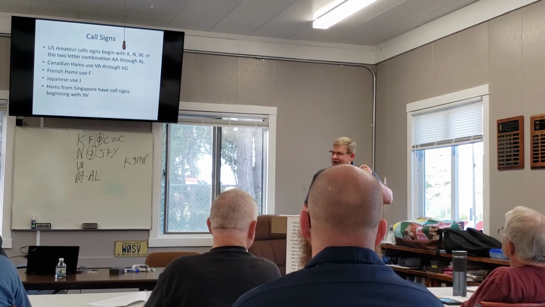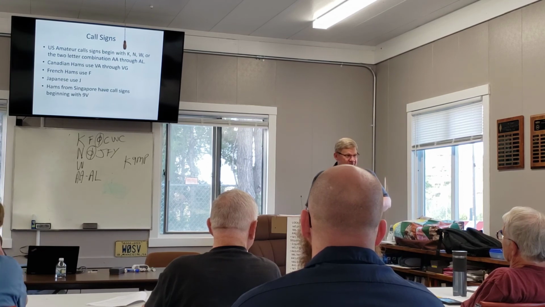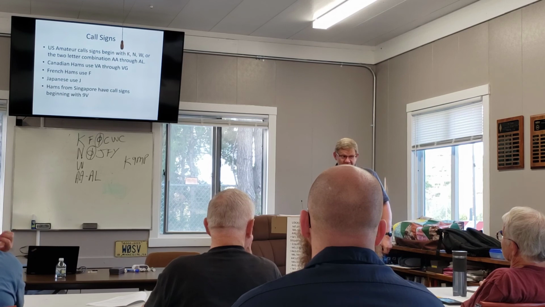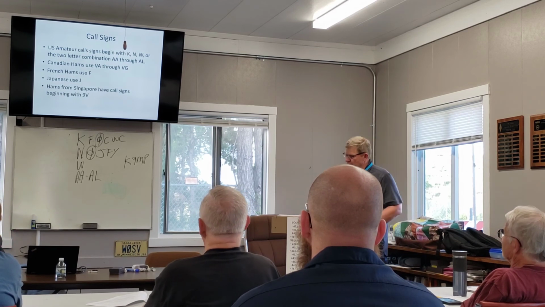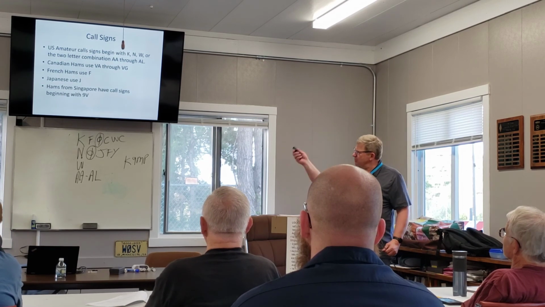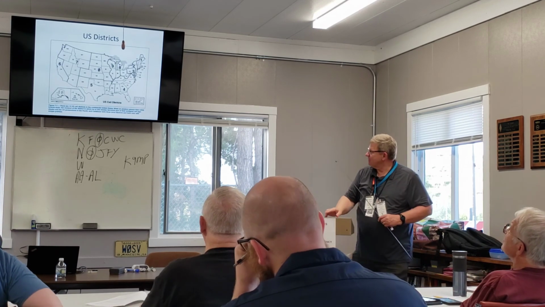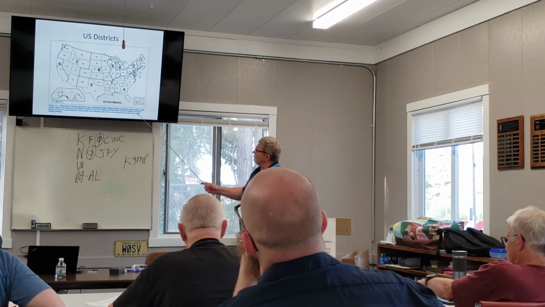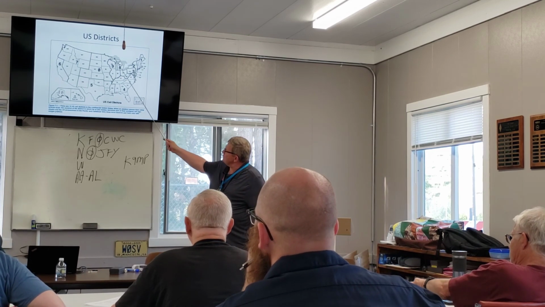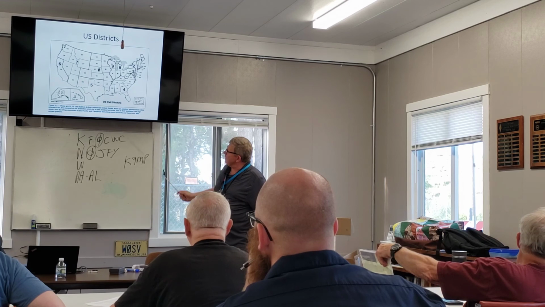I kept with 0 just because that's where I'm physically located, and it just made more sense. With Lee, the K9 made sense to him. So, but as you progress, here's the districts. As Howard was alluding to, 0 is here, Wisconsin is 9.